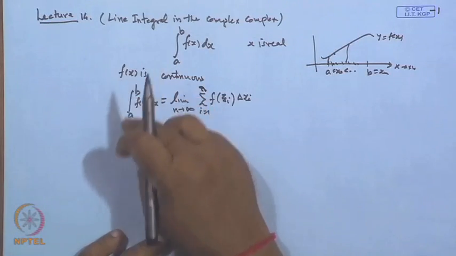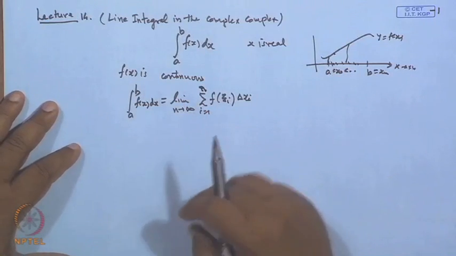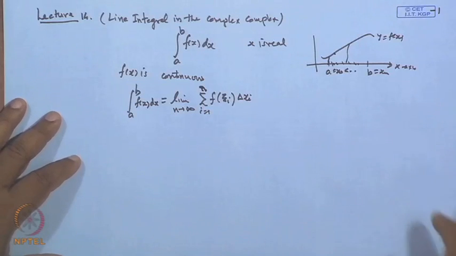Now, without the limits a to b, we get an indefinite integral like this. We want to extend this idea to a function of a complex variable.